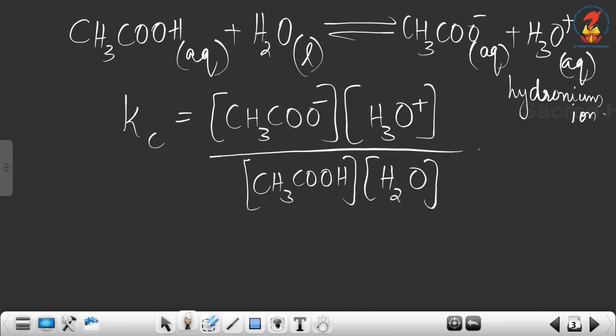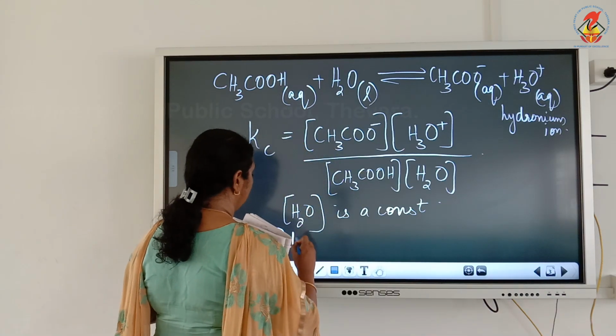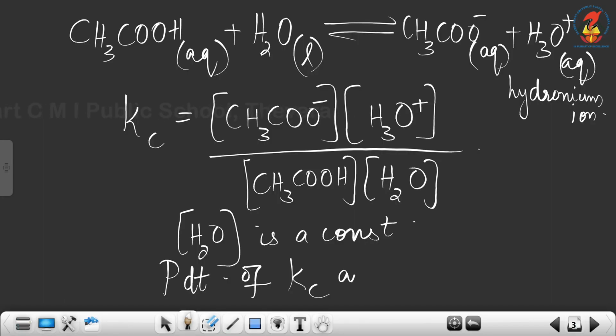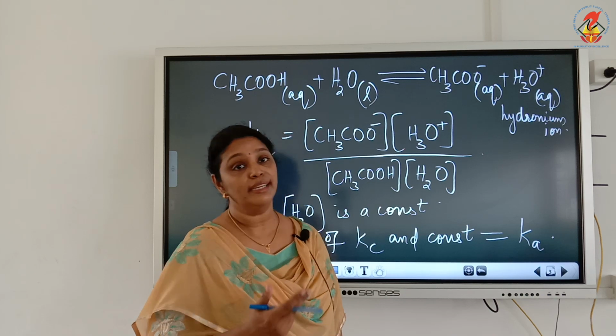Now this molar concentration of H2O is a constant because in dilute solution the concentration of H2O remains the same. So the product of Kc and the constant is denoted by another constant, Ka.